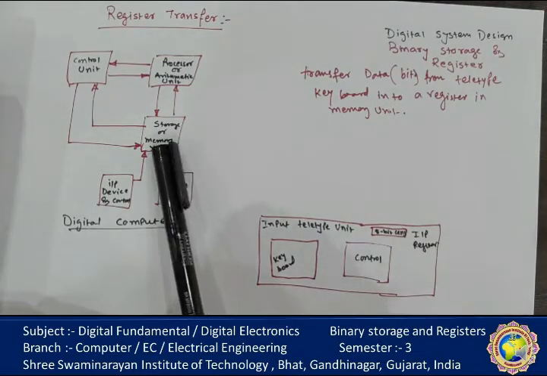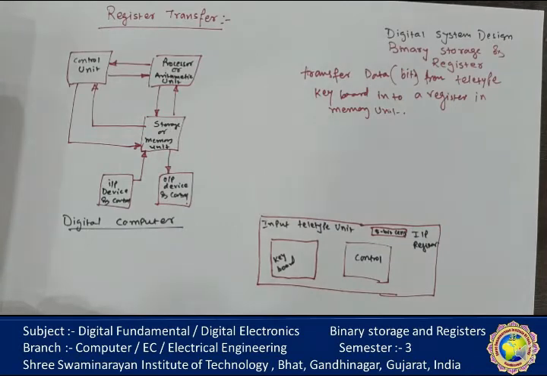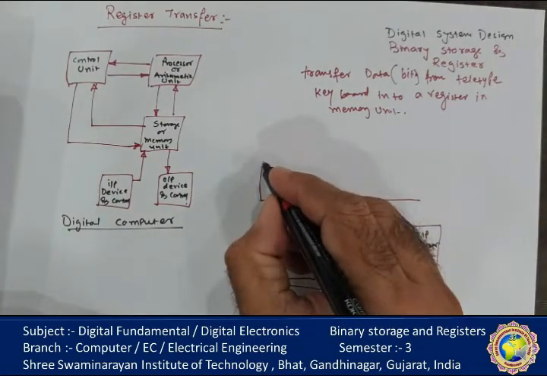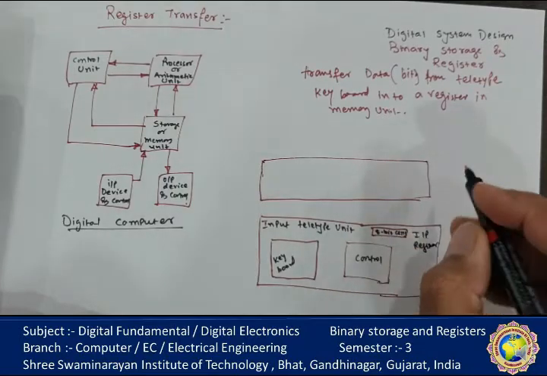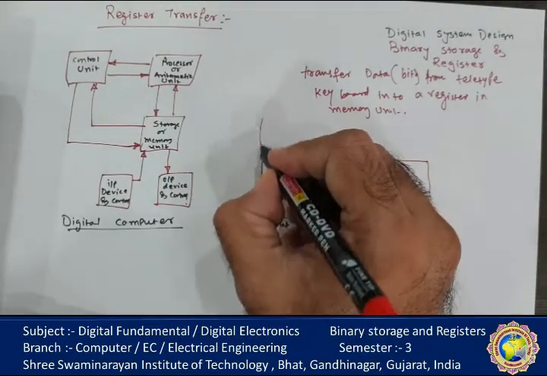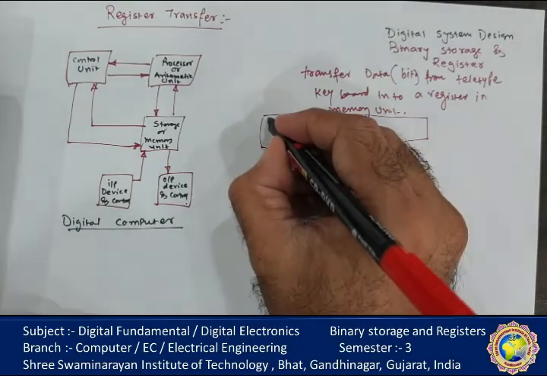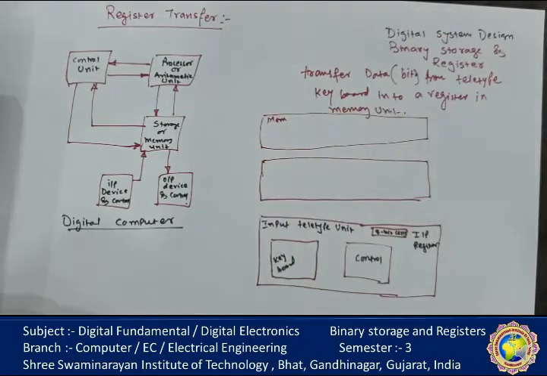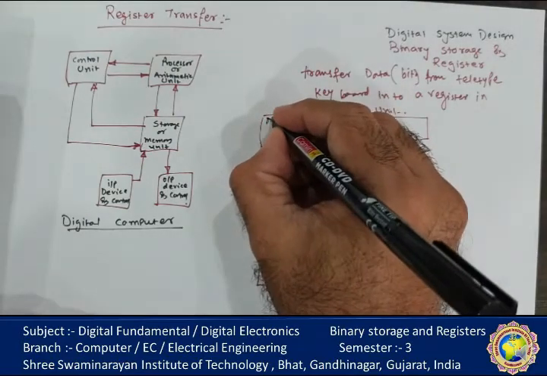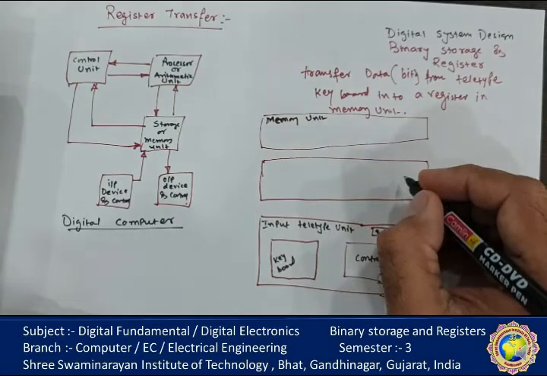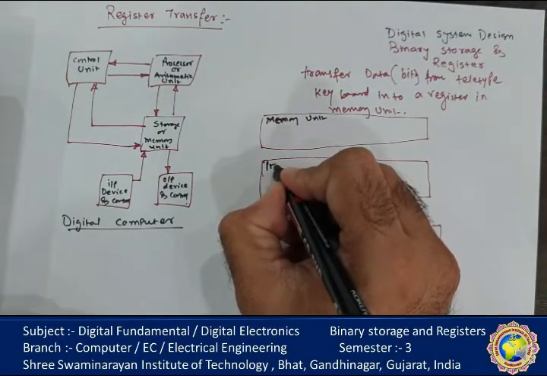Now the processor unit has this processor register, and then there is the memory unit. This is the processor unit.